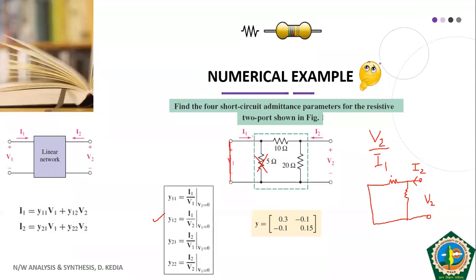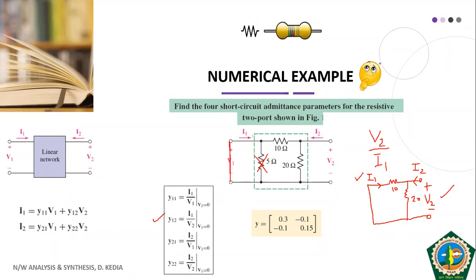Fine. This is your 10 ohm resistance. This is your 20 ohm resistance. And what else do we have? We have in this branch, the current is I1. So if you redraw it, things are very, very clear. And we need a ratio of V2 and I1.